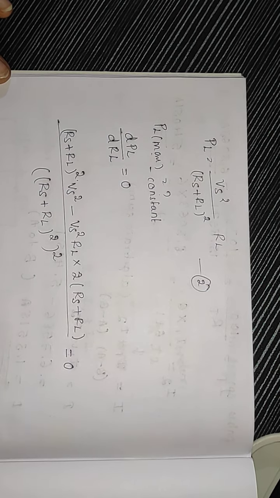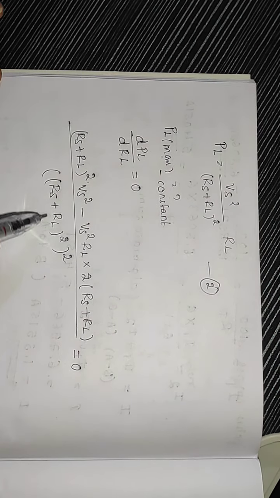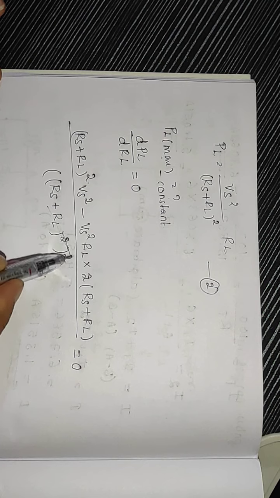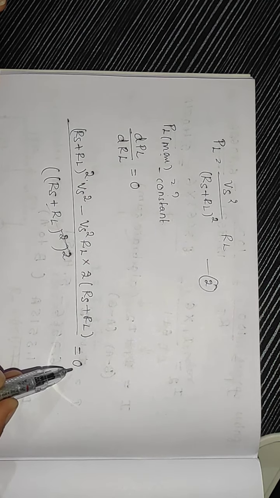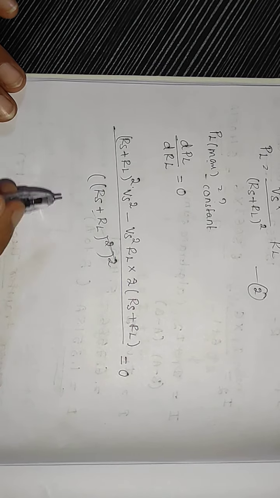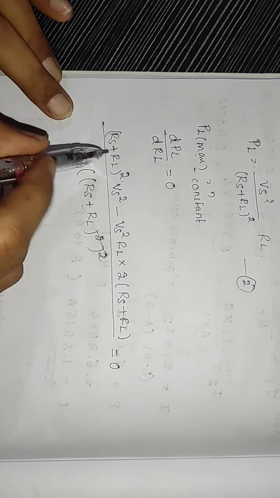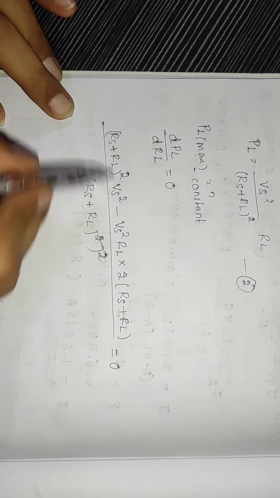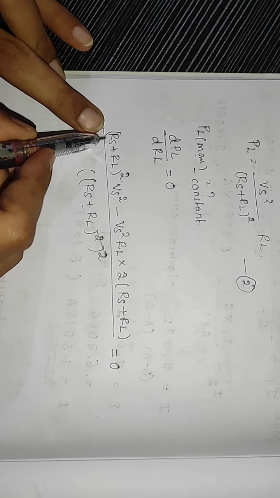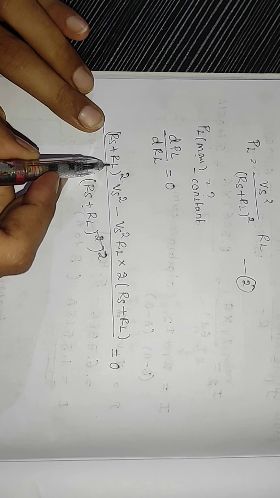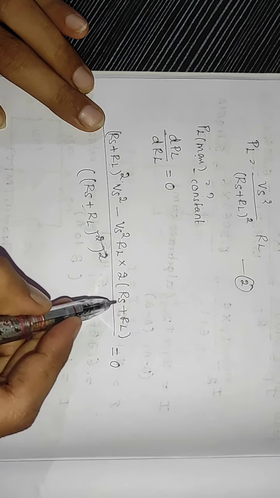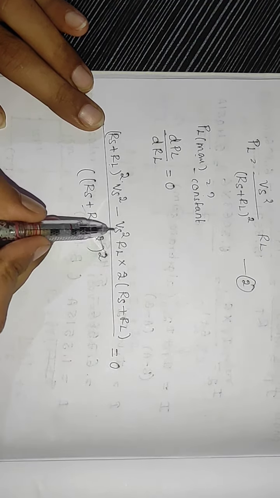Equate to 0. Here this term becomes 0, right? Cross multiplying with 0 equals 0. So what you get in this equation: the constant term in these two terms is (RS plus RL), right? Here also RS plus RL and also VS square.